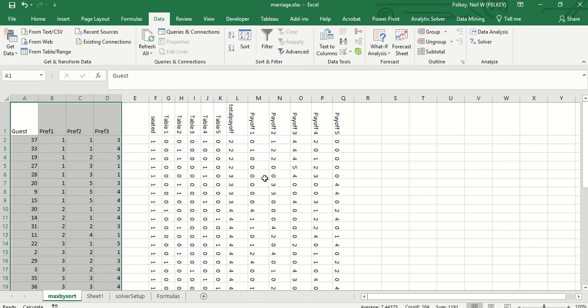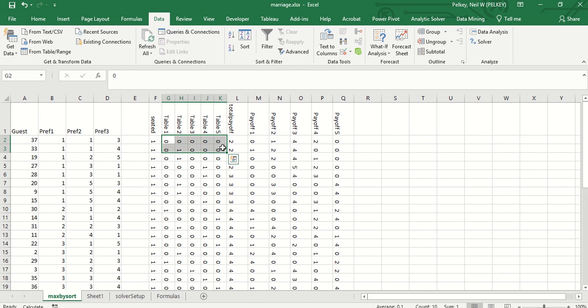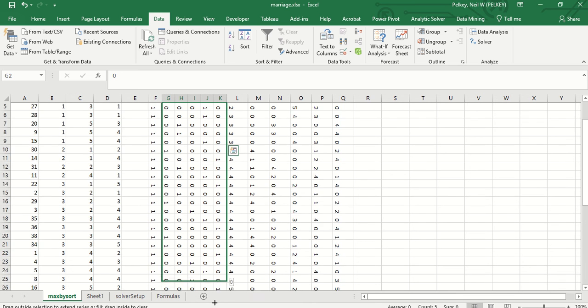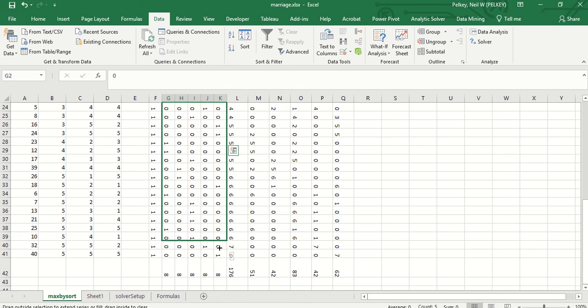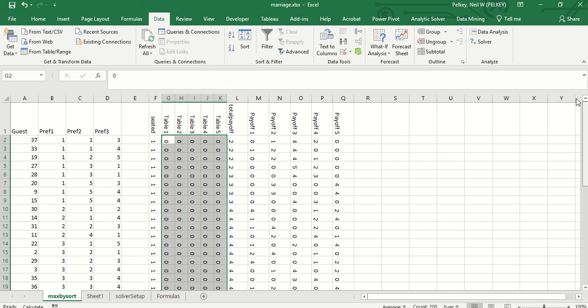All right, and we're going to turn all these into zeros again. I'm going to select that and drag it all the way down to our tables.